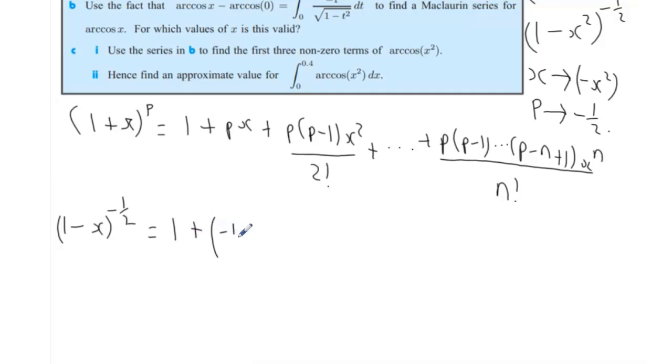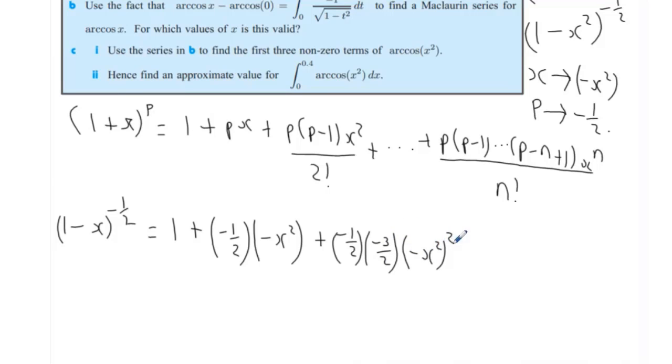Plus minus a half times minus x squared, just to the power 1. Plus, then you've got p times (p minus 1), so that would be minus a half, minus a half minus 1 is minus 3 over 2. Then we've got x squared, so it would be minus x squared, squared, all over 2 factorial.